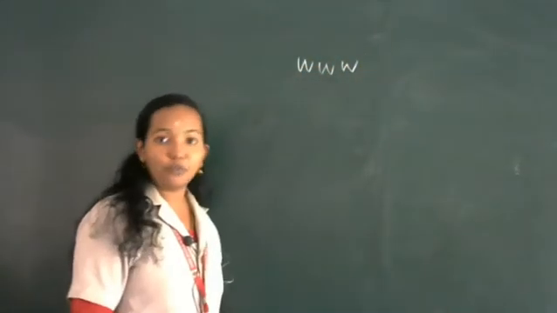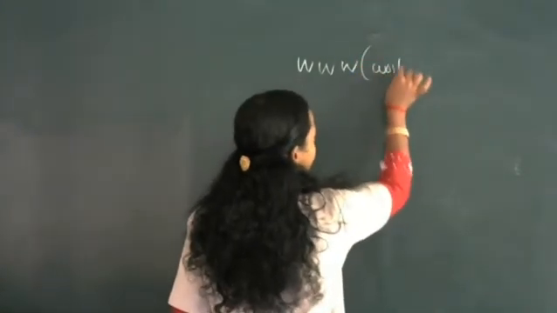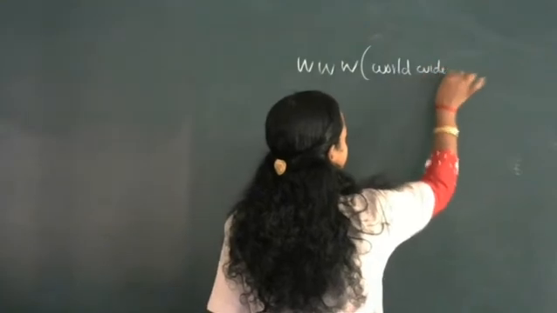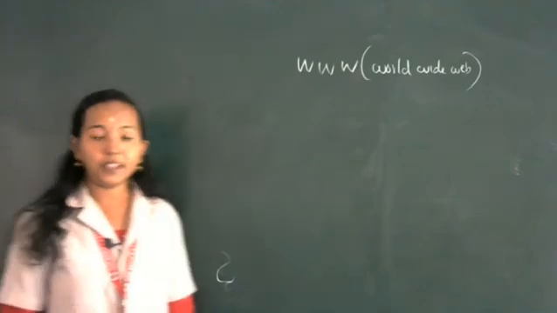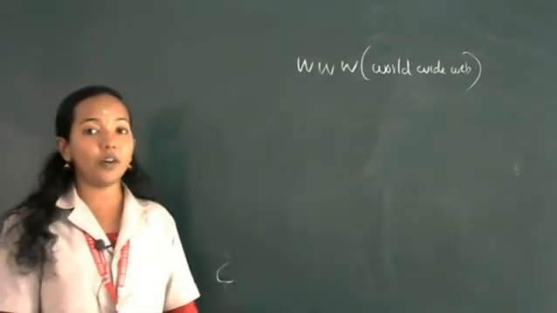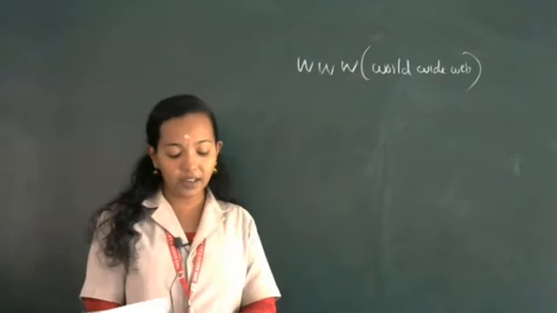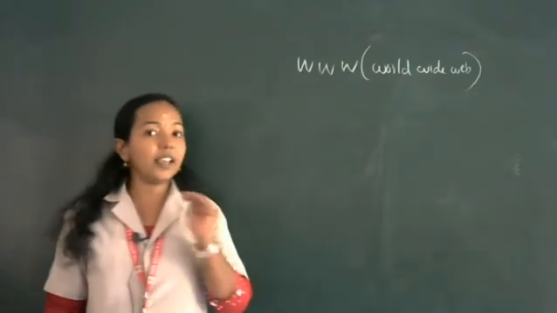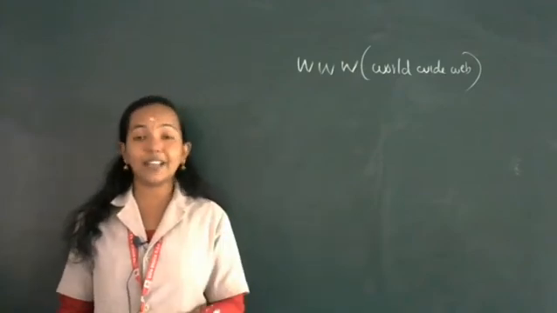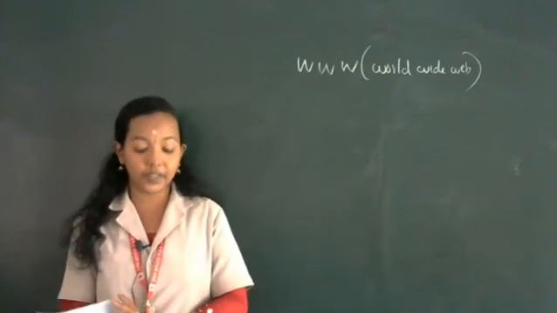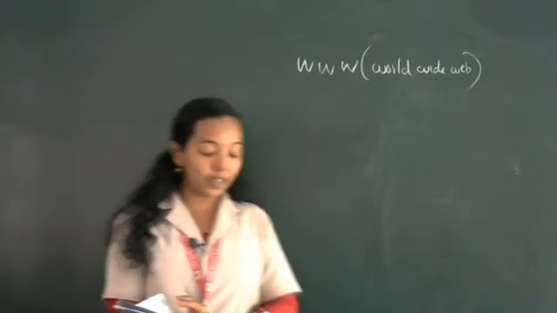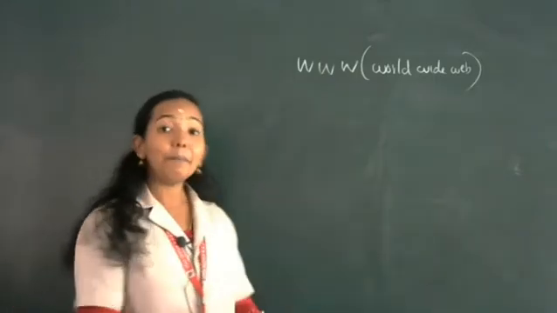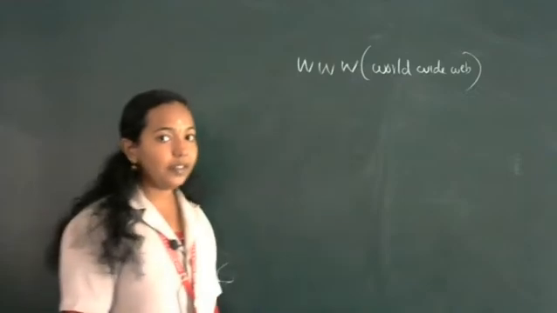WWW, whose full form is World Wide Web. We already studied the history of internet and the scientists' names. The introduction of the internet starts with ARPANET. After ARPANET, it changed to Milnet, which was used for military purposes.